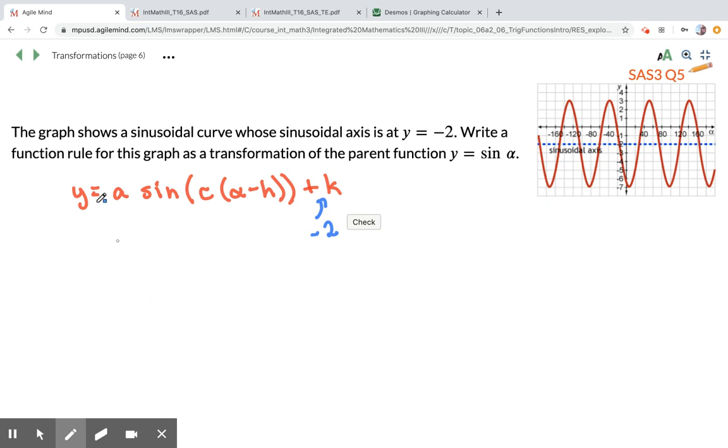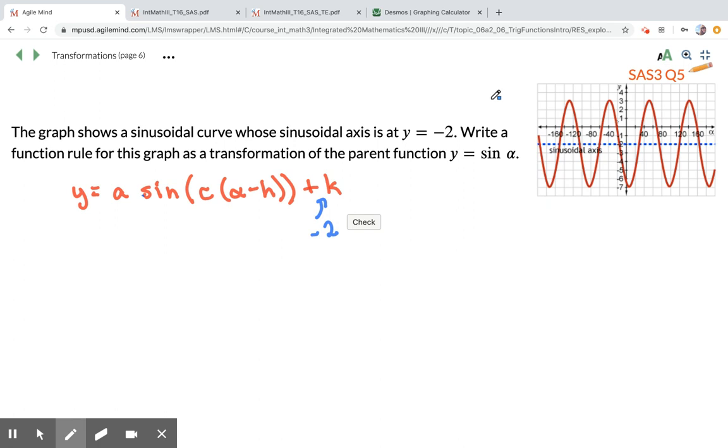All right, I'm going to move on to the next easiest thing, which is my a value over here. Sorry, my pen gets a little excited sometimes. Remember that a was the same thing as your amplitude, the absolute value there. So I'm going to come over here and count.